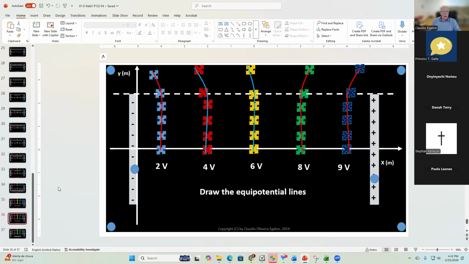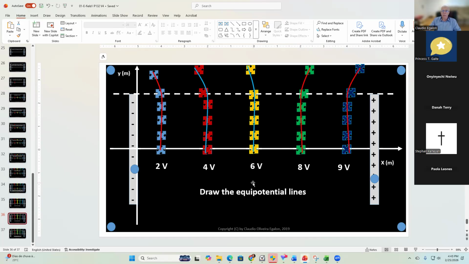Here you go. Note that all those points kind of line up in a straight line. Do you see that? This 2 volts point here, they almost line up in a vertical line. Only when the points are outside this region of the electrodes do they start to bend away from the straight line.